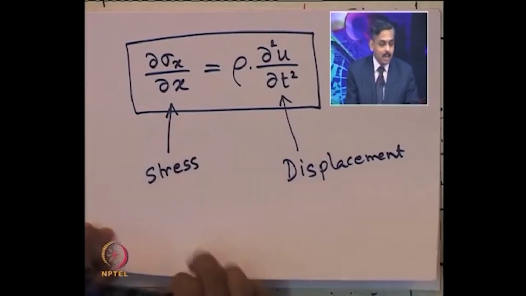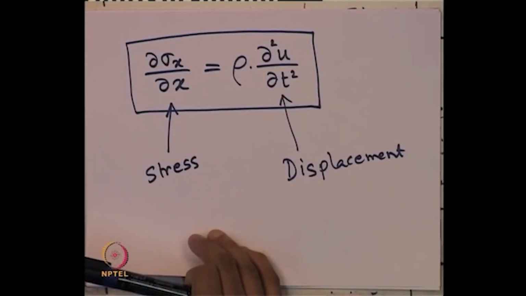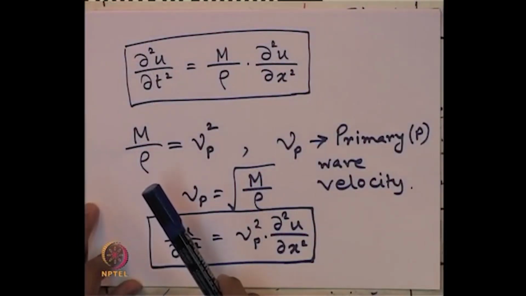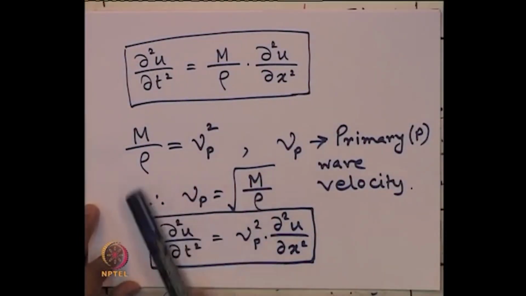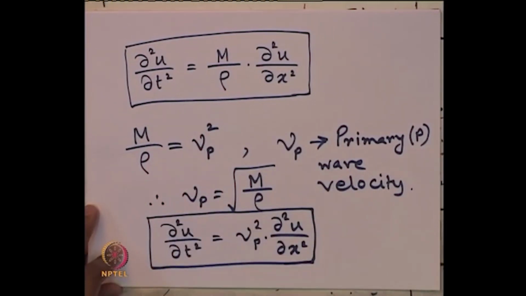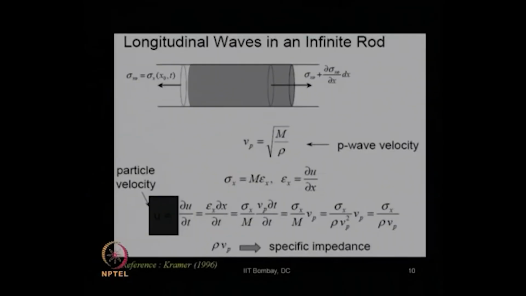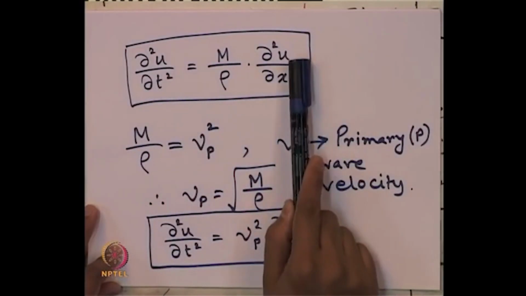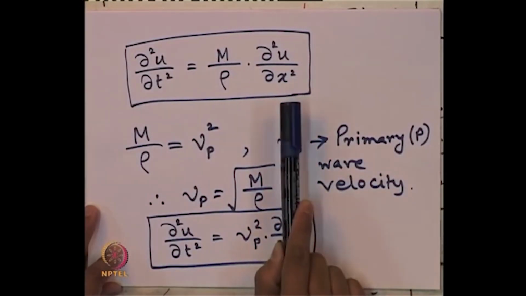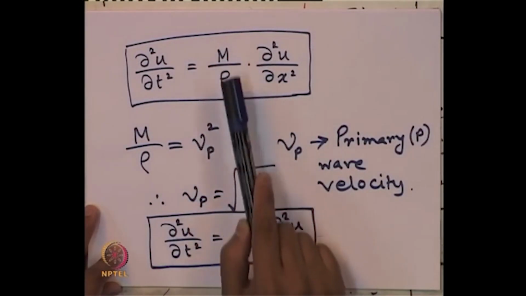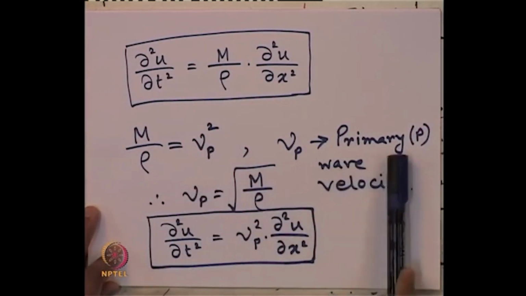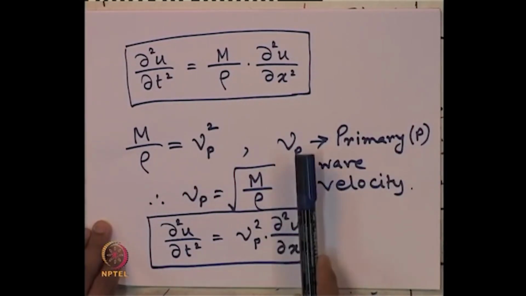After deriving that, for further simplification, using the stress-strain relationship and the strain versus displacement relationship, we arrived at this expression: this is the acceleration and this is the displacement, whose double derivative with respect to x goes through an operator M by rho, which is defined as the square of the primary wave velocity, or P wave velocity, V p.